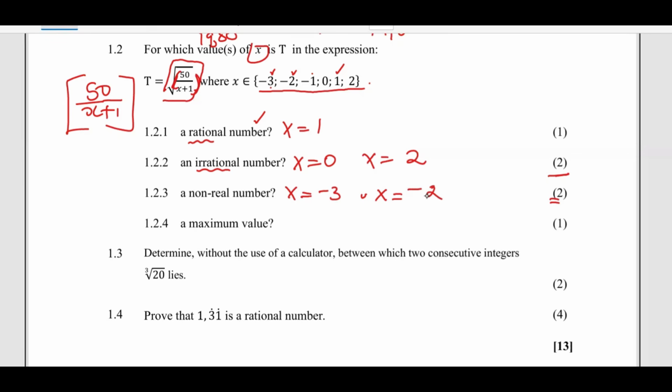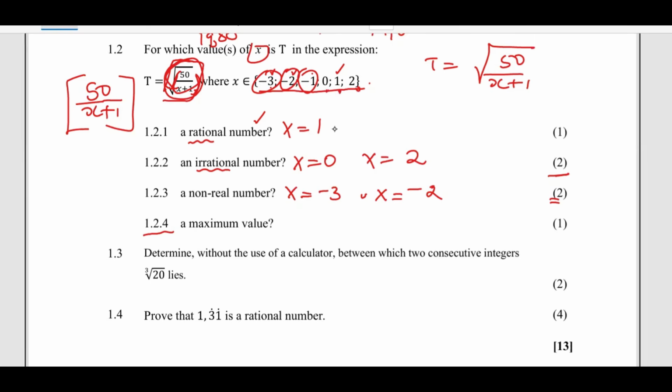It also becomes non-real. All right, and then maximum value, meaning what is the highest value that we can ever get from here if we do the substitution. So with -3, -2, and -1, we're not necessarily going to get any answers because either the part is going to be undefined or the expression is going to be non-real. So we need to choose from 0, 1, and 3.